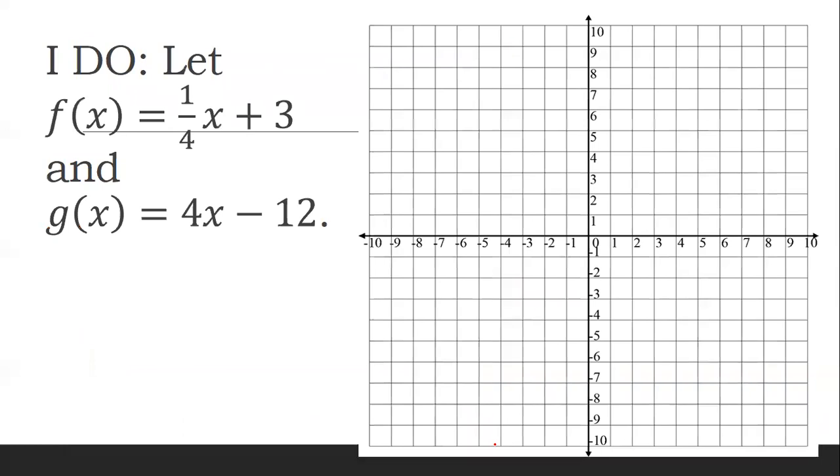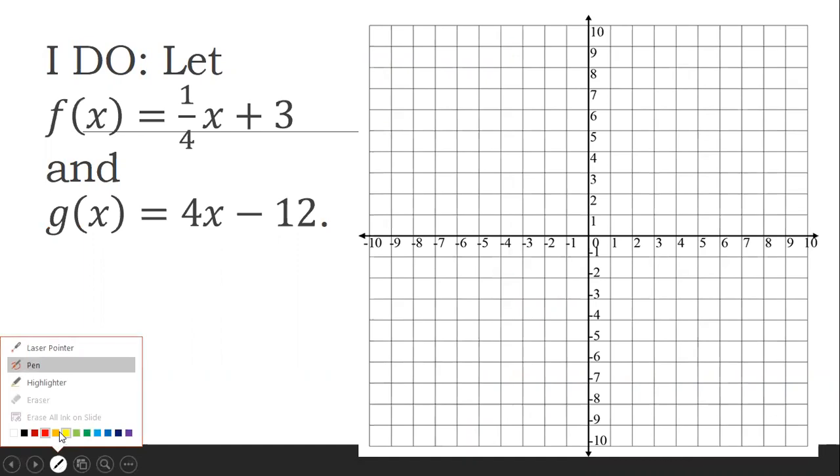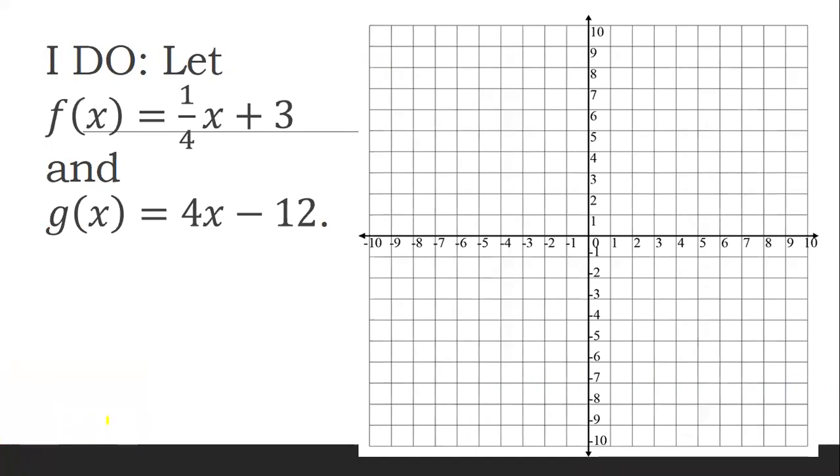All right, so we're going to do our little quick review: verifying graphically. Remember, when you verify graphically, the two functions are supposed to be reflected over the line y equals x, and y equals x is just a dashed line through the origin at the points where y and x are the same value.